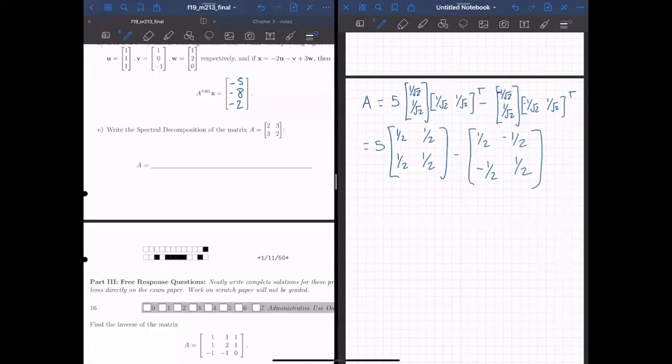Professor Hughes? Yep. I know there was a reason for doing spectral decomposition. It was something to make hard matrices more simple, but could you remind us of that? Yeah, so in this case, it's not quite so evident why we would want to do a spectral decomposition or a singular value decomposition.